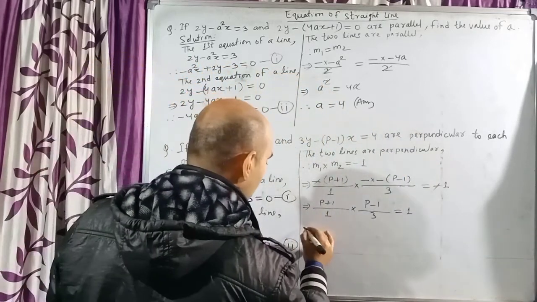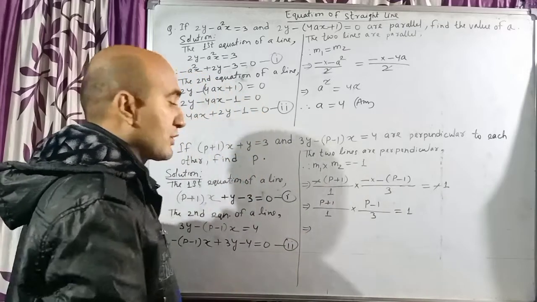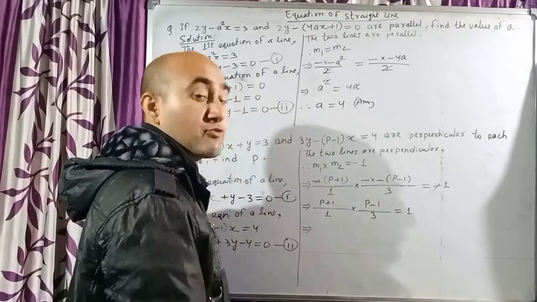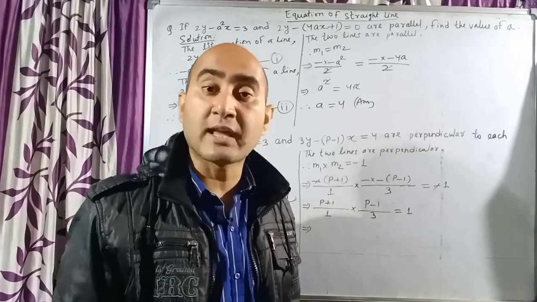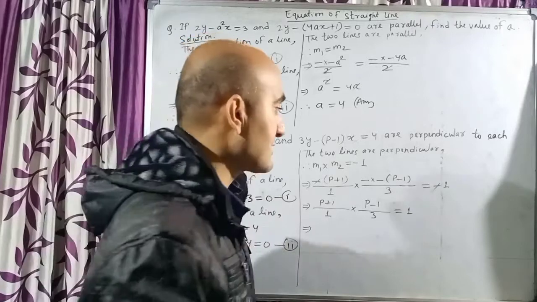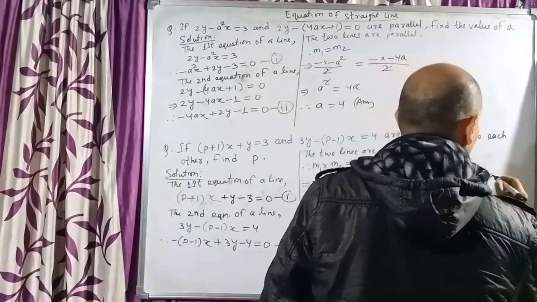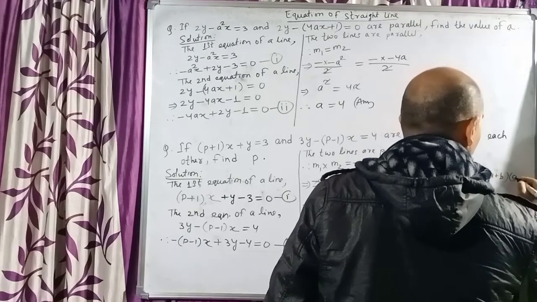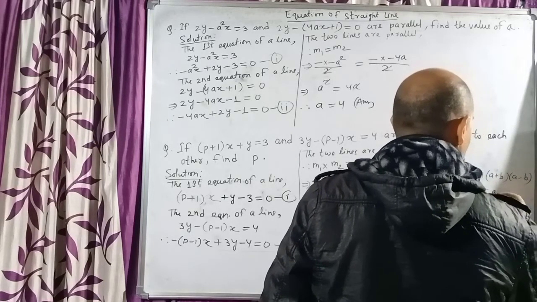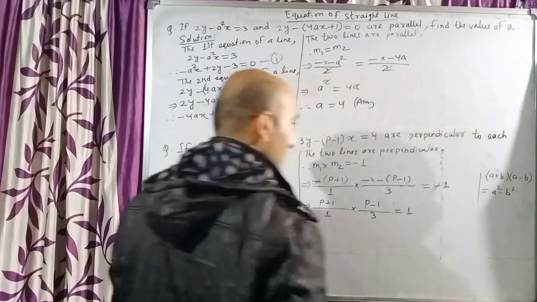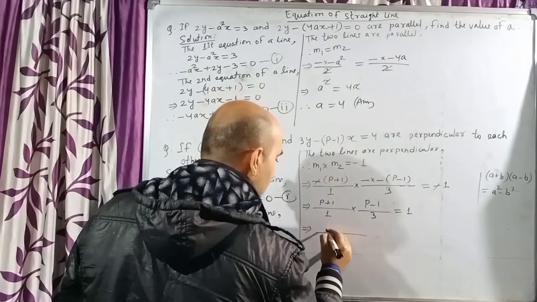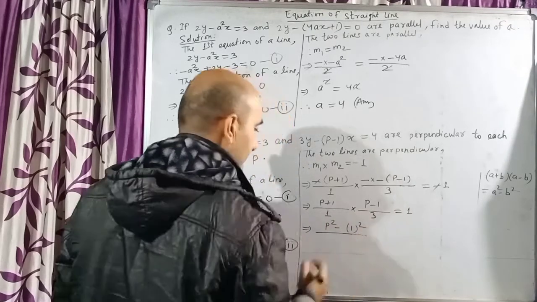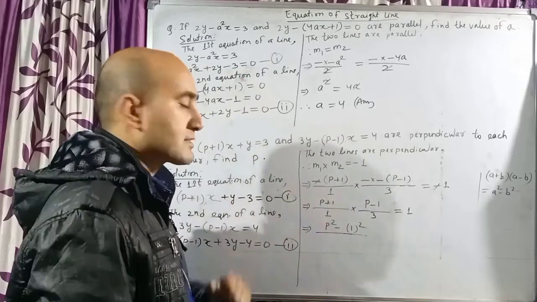Now children, point to be noted, when p plus 1 gets multiplied with p minus 1, it's the formula a plus b into a minus b, and its formula is a square minus b square. So here I will write p square minus 1 square.